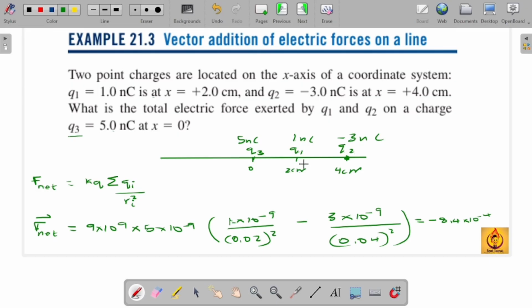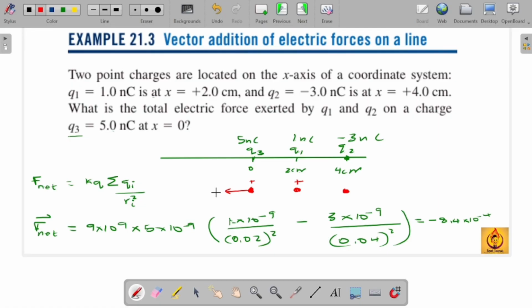Alright, there's also something that we need to be careful about that I forgot to mention. You have your force, you have your Q3 here, you have your Q1 here, and your Q2 here. The force of Q1 on 3, because these two are both positive, is going to move in this direction.